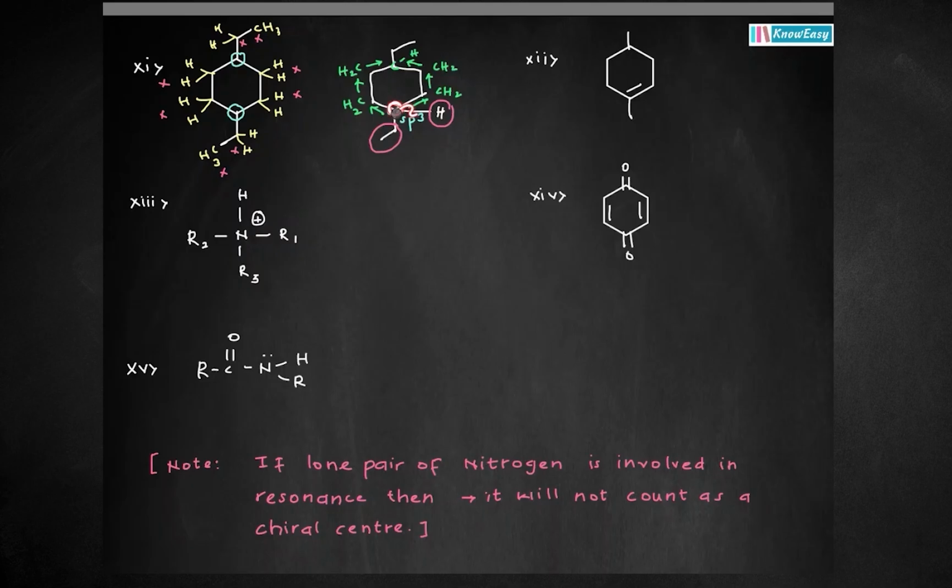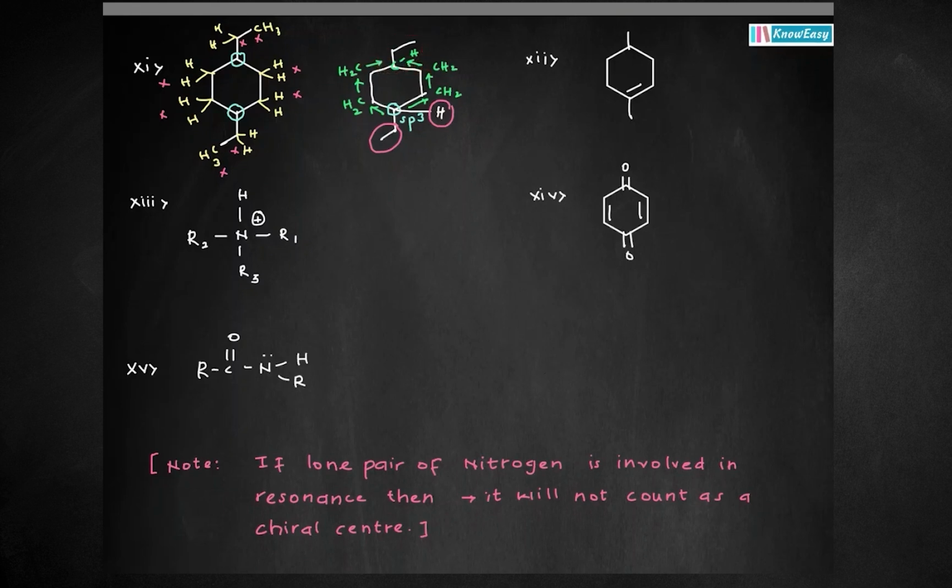If you look at this carbon carefully, it is sp3 hybridized. That means the first condition is satisfied. It has 1 hydrogen and 1 ethyl group, 2 different groups, but the third and fourth valencies are the same, CH2 CH2. Then we move ahead to check if there is any difference. Then again it comes as CH2 and CH2, no difference. Again go ahead, and from both sides you will see again the same group.